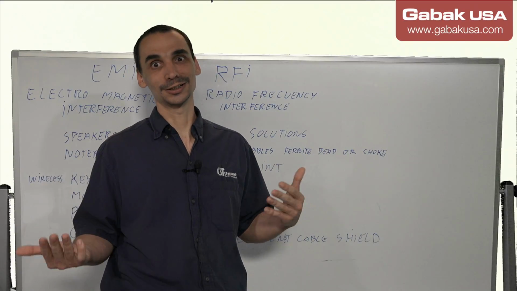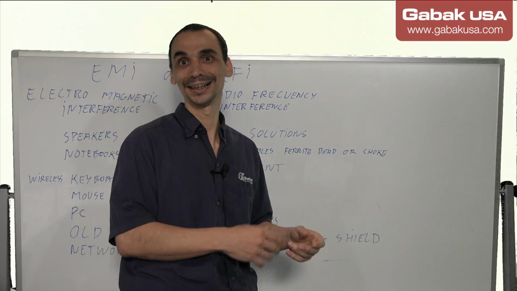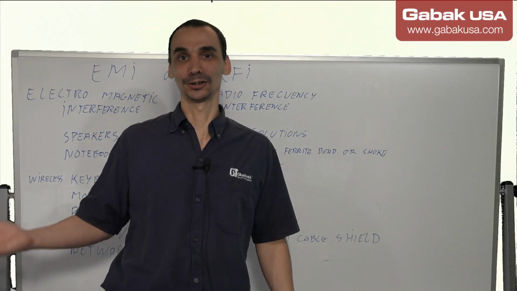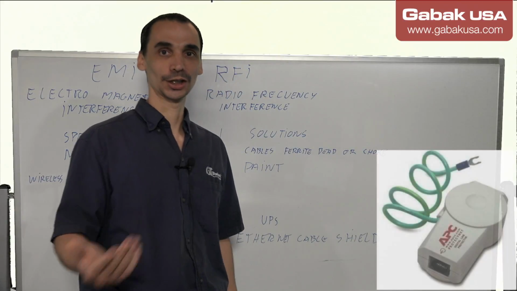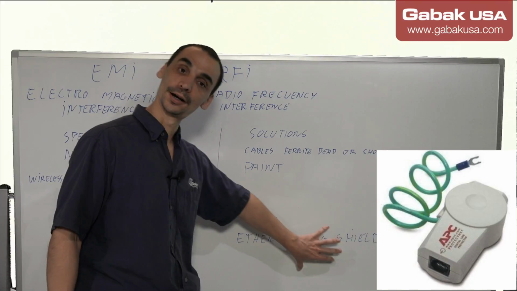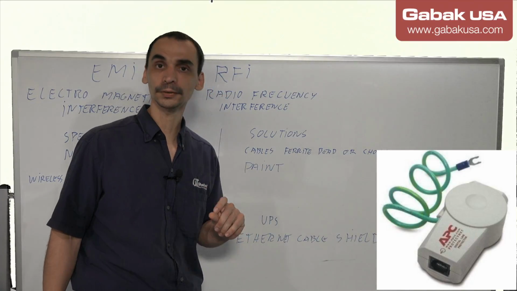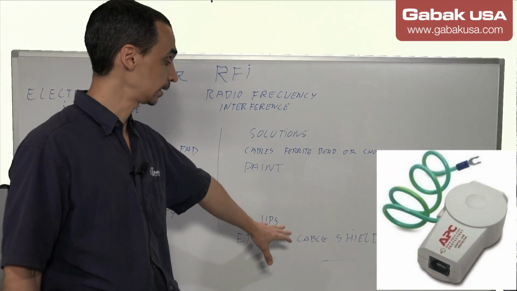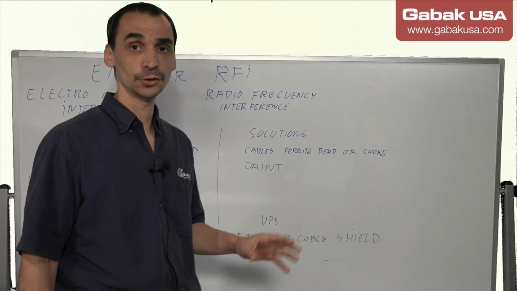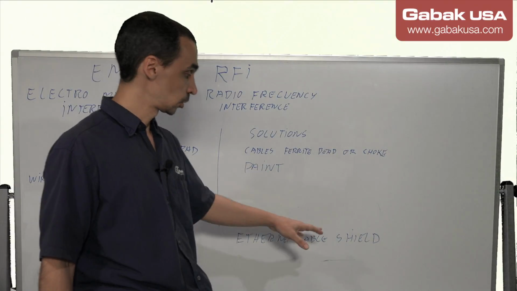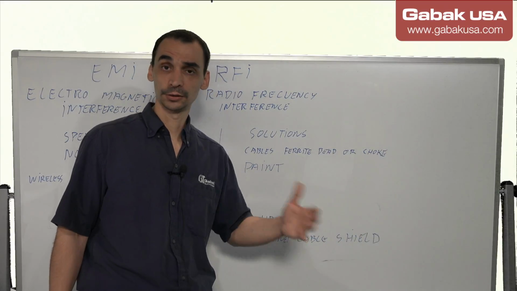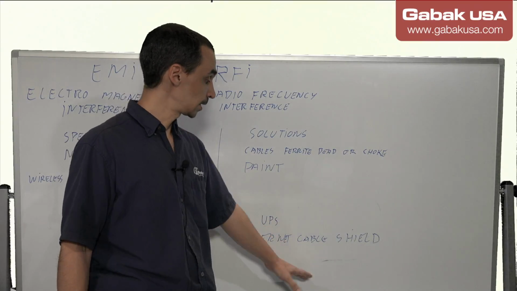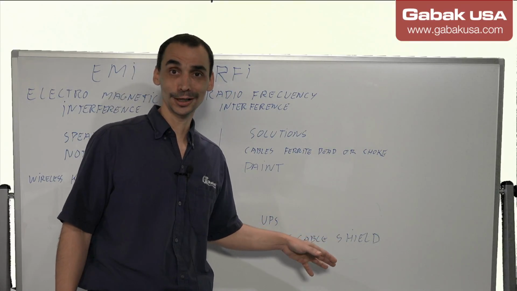Also, if there is a storm, it may kill the Ethernet card of your computer, switch, and everything else. For those, there are protectors. APC makes a few protectors for Ethernet ports, which you have to ground in order to make them work. But there is protection for almost anything.